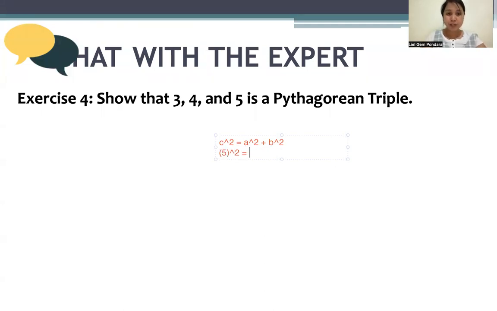That's 5 squared equals 3 squared plus 4 squared. 25 equals 9 plus 16. So 25 is equal to 25. Thus, 3, 4, and 5 is a Pythagorean triple. Let's have another example.